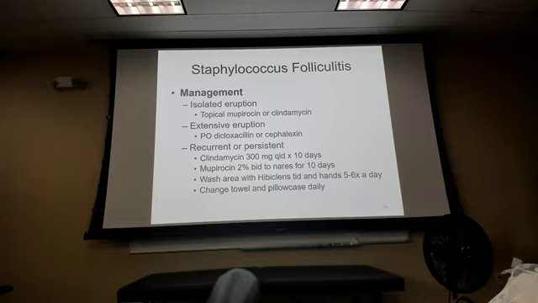Management, so we can use topical mupirocin or clindamycin, so that Bactroban. If it's extensive, then we're going to get into some dicloxacillin or cephalexin, okay? If it's extensive Staphylococcus folliculitis, why would we go with cephalexin?